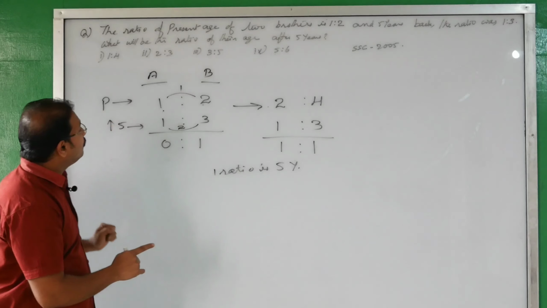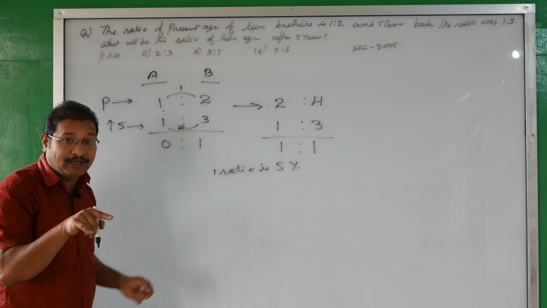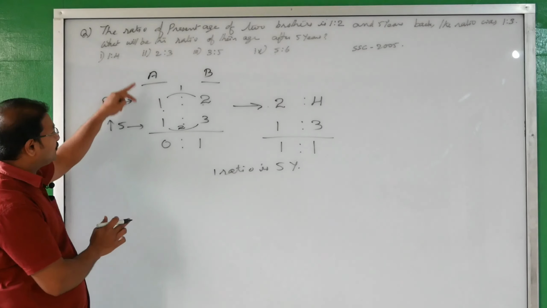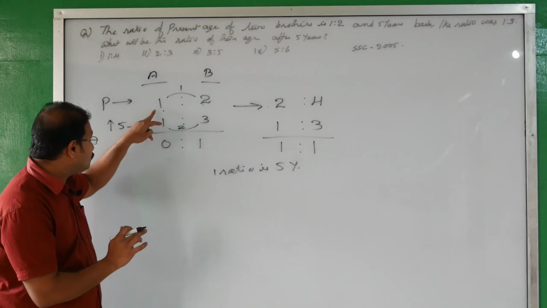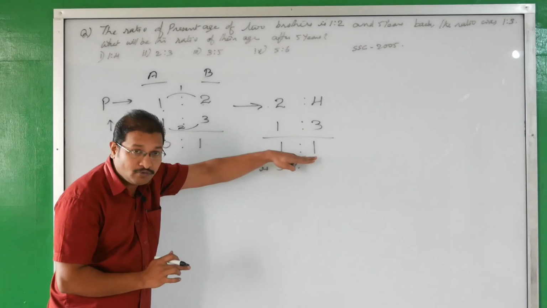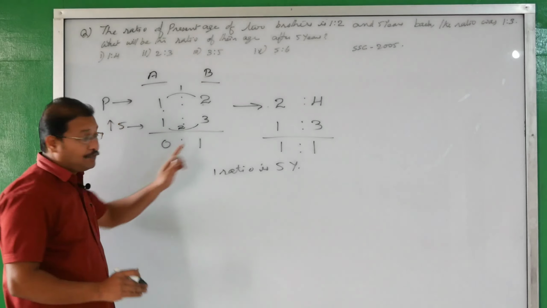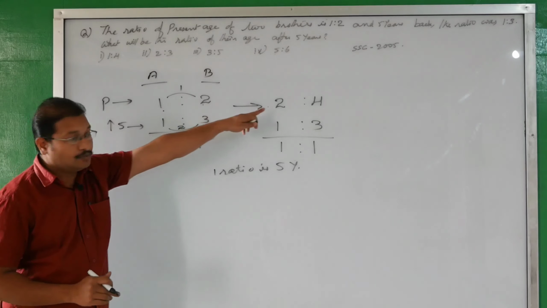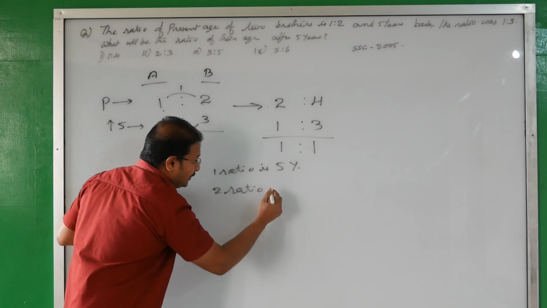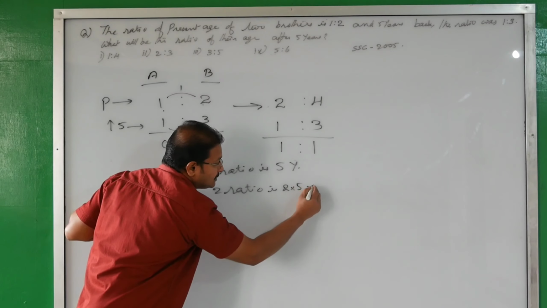Now what do you want actually? What will be the ratio of their ages after 5 years? Before that, let's find out the present age. Present age of the first person: you won't take this 1:2 now. You have to take 2:4 because we made this ratio into 1:1. The first person's present age is 2 ratio, so 2 into 5, that means 10.